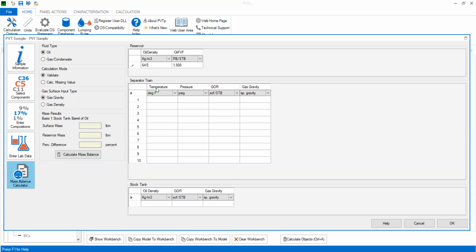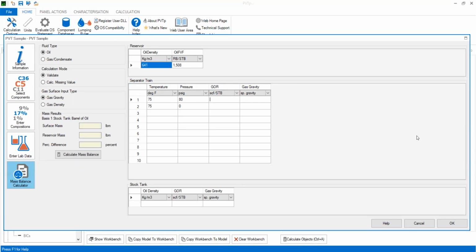And then from the first separator train, we input the data manually here. So for the temperature we have 75 and 75. The first pressure is 80 and the second one is atmospheric.